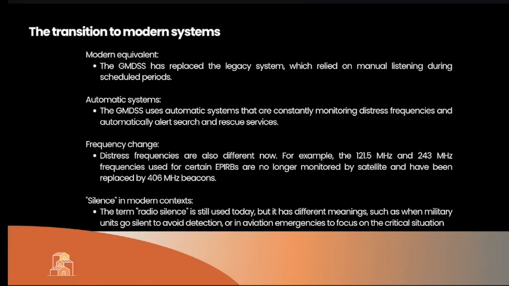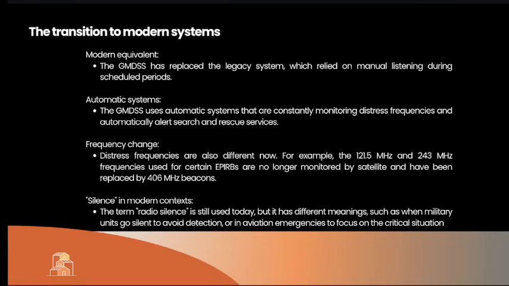The distress frequencies are also different now. For example, the 121.5 megahertz and 243 megahertz frequencies are used for certain EPIRBs that are no longer monitored by satellite and have been replaced by the 406 megahertz beacon.